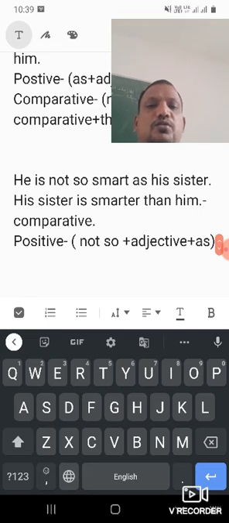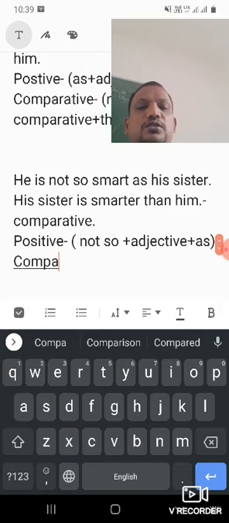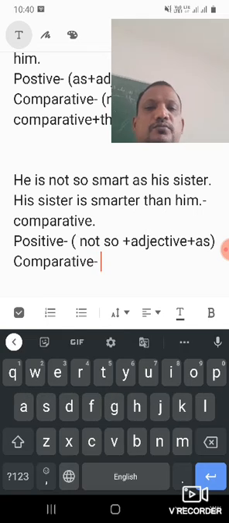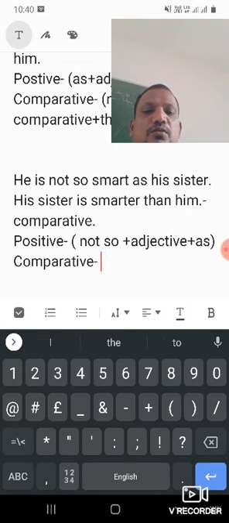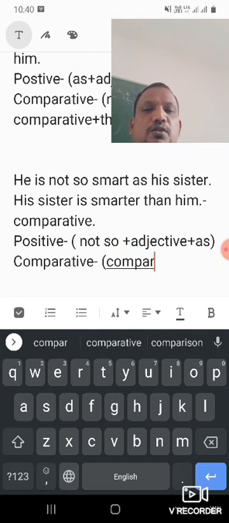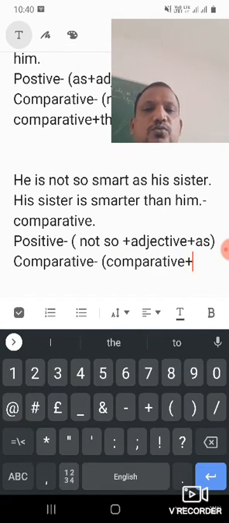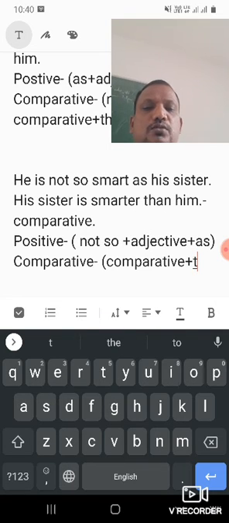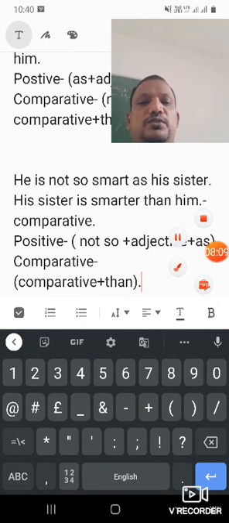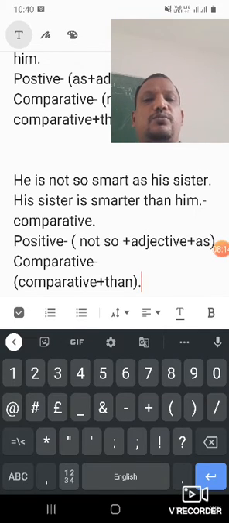So when you come across a sentence like this, for converting to the comparative degree, this is the format: comparative form of the adjective and than. No need to use not because it is already in the positive degree. So this is the first type related to these degrees of comparison.